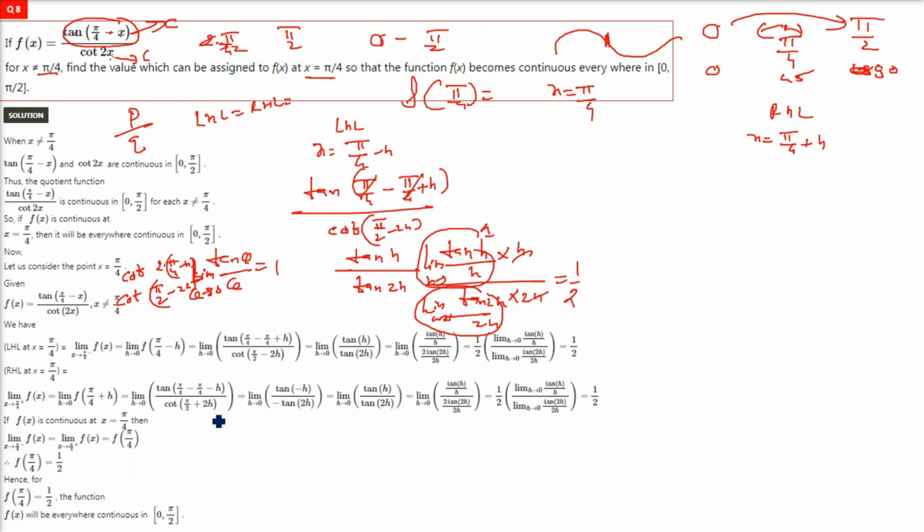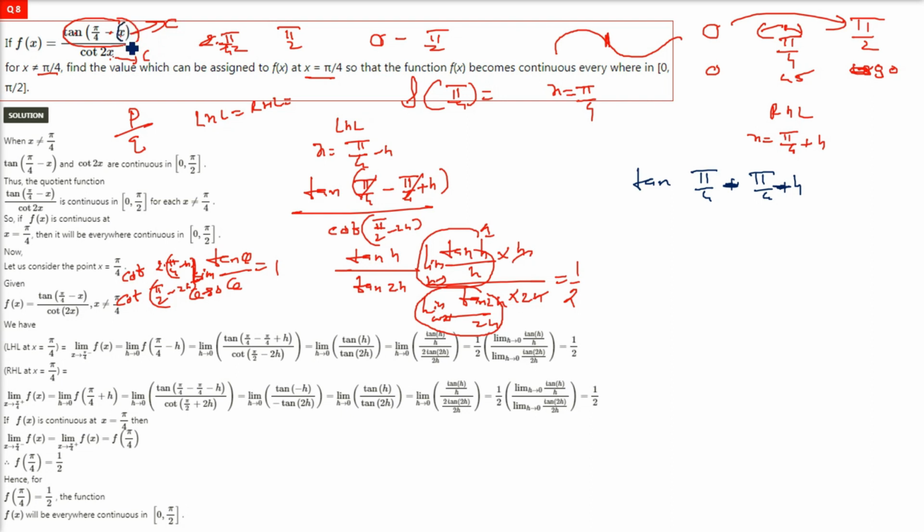Coming to the right hand limit, similarly we will place pi by 4 plus h in this function. So tan of pi by 4 minus x, and since pi by 4 plus h is there, but there is a negative also, we have to replace both signs by negative, pi by 4 minus pi by 4 minus h. So both are negative here.